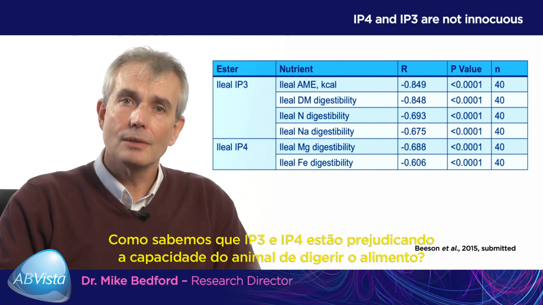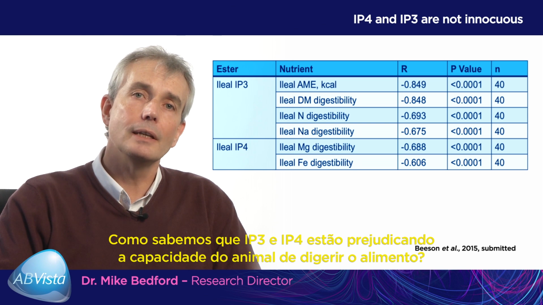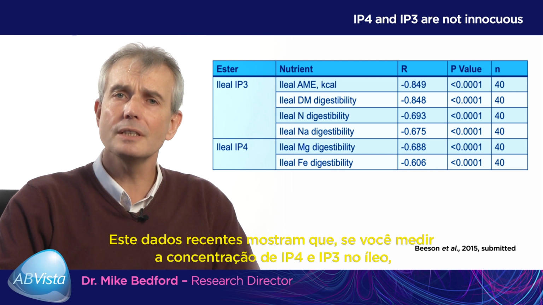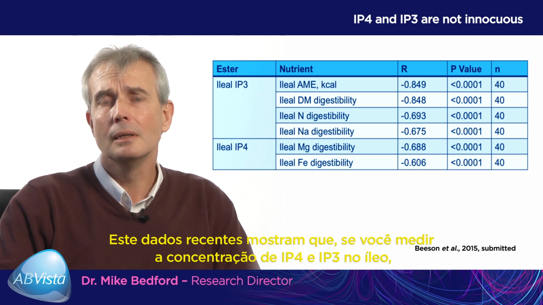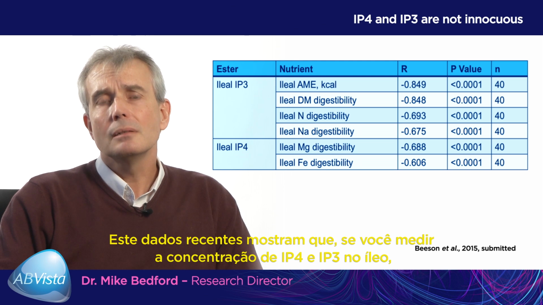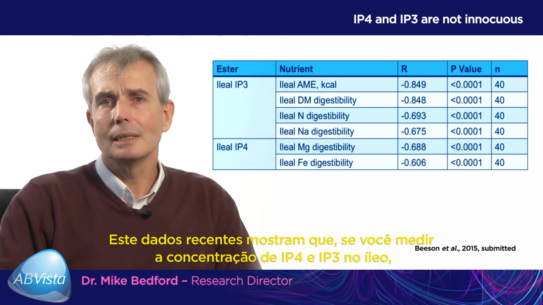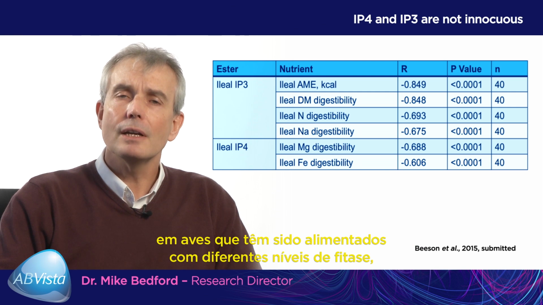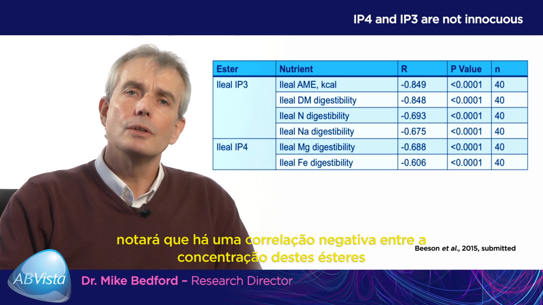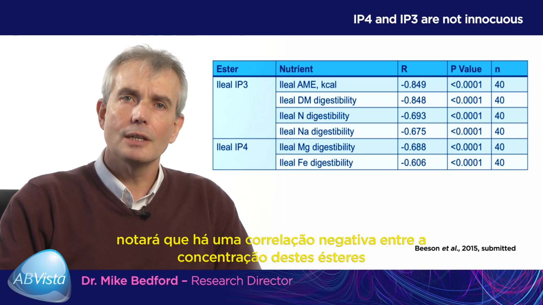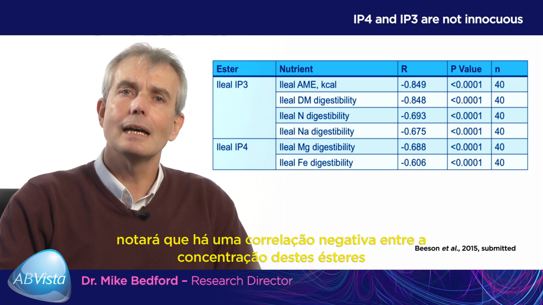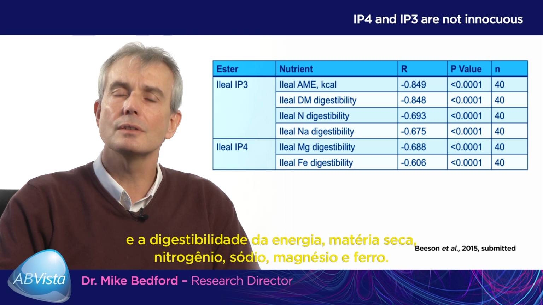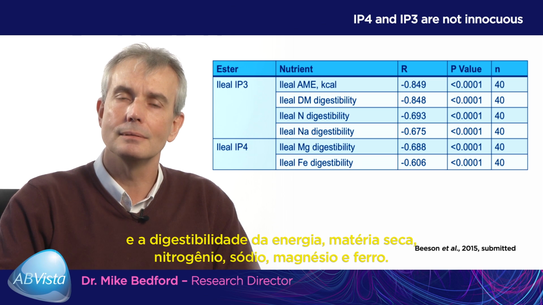How do we know IP3 and IP4 are involved in degrading the ability of the animal to digest its feed? This recent data from 6 months ago shows that if you measure the concentration of IP4 and IP3 at the terminal ileum in birds that have been fed various levels of phytase, you can see that there's a very negative correlation between the concentration of these esters and digestibility of energy, dry matter, nitrogen, sodium, magnesium and iron.